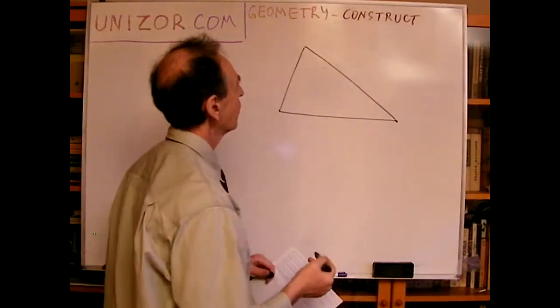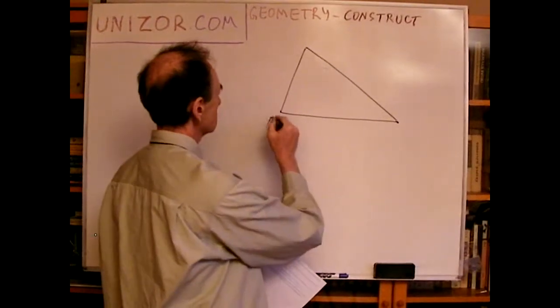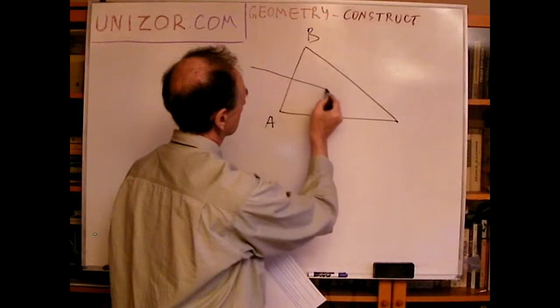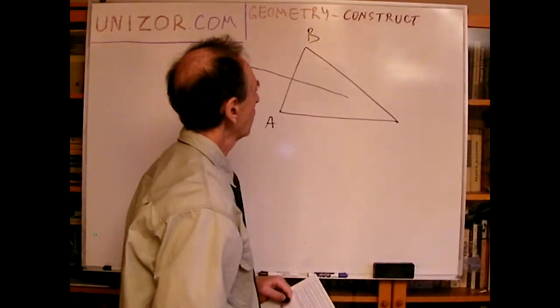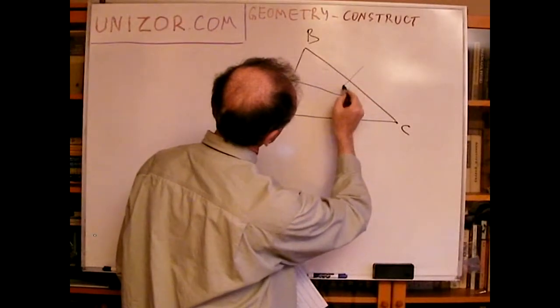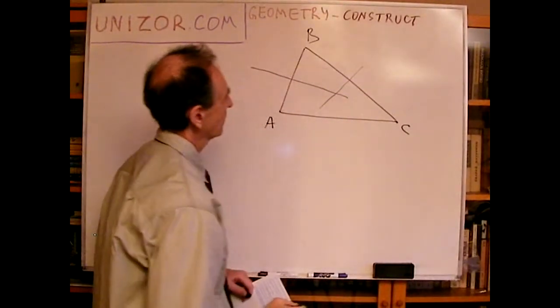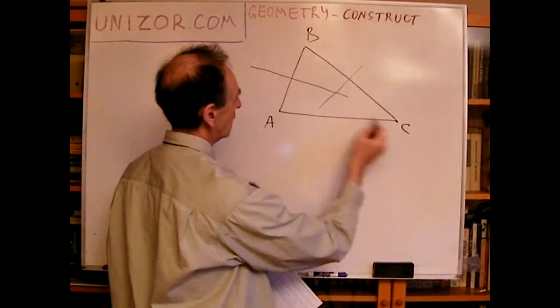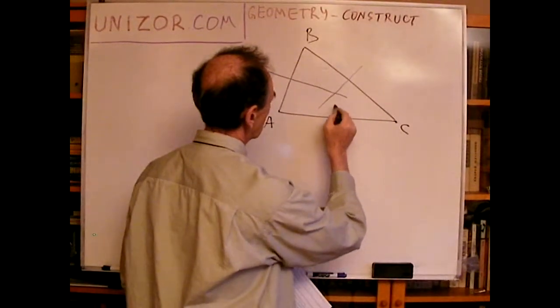The locus of the points equidistant from, let's say, A and B is this line. The locus of the points equidistant from B and C is this line. And the locus of the points equidistant from A and C is this line.